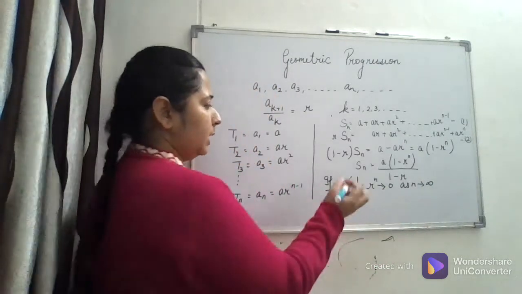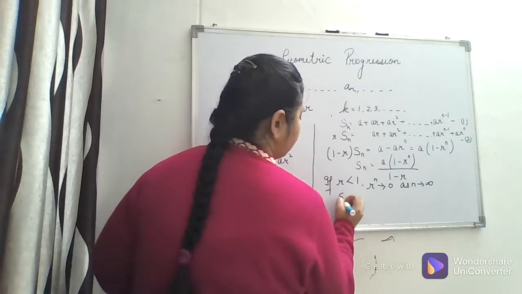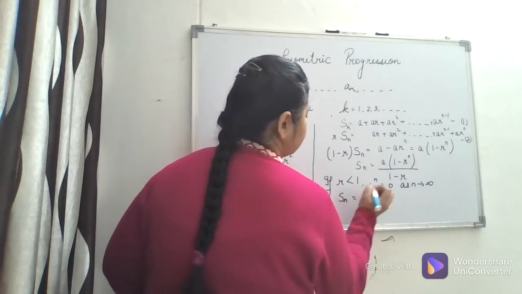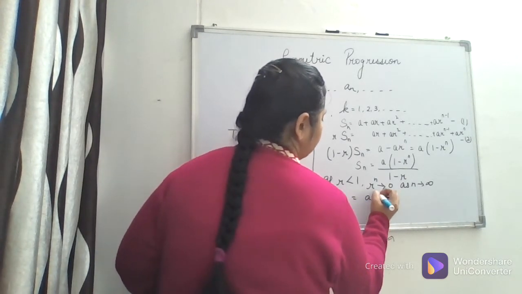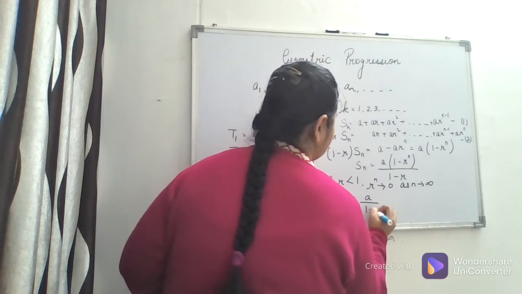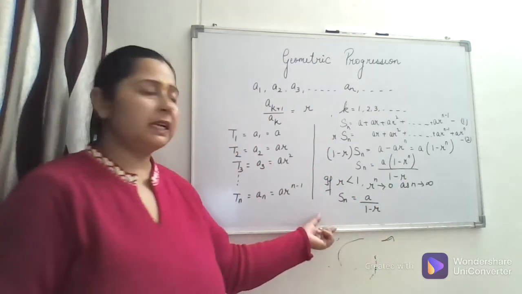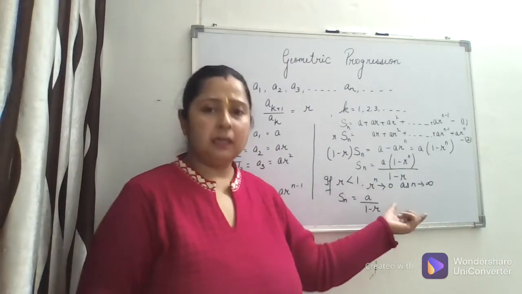So you will get the sum of infinite terms as A by (1 minus R). This is for your infinite series when r is less than 1.